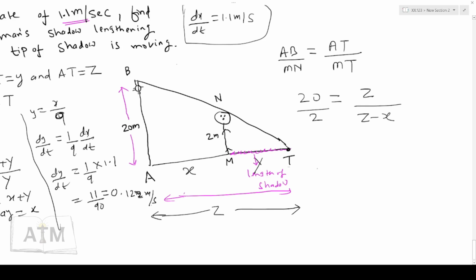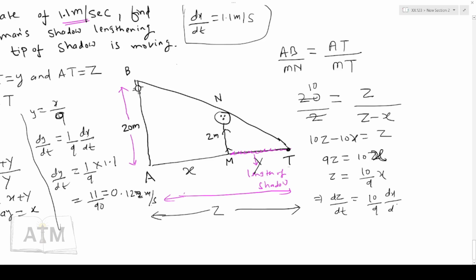We have to correlate z and x. Therefore, 10 times (z minus x) equals z, so 9z equals 10x. So z equals 10 upon 9 x, which implies dz by dt equals 10 upon 9 dx by dt.